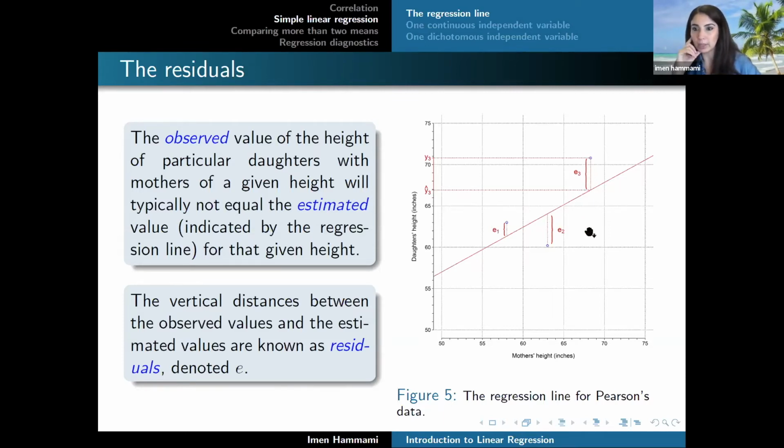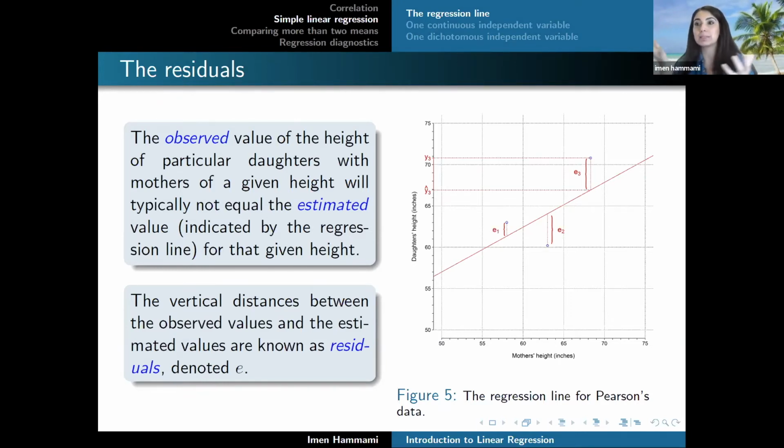On the x-axis this is the mother's height, 68 something, and this is the daughter's height, about 70. If I use the line to estimate the daughter's height, I'm going to read Y3 hat instead of Y3, which means that I'm underestimating the true daughter's height, which is fine.